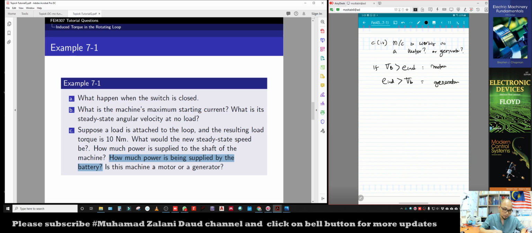So in this particular example, we have found that VB is larger than E_in, which means that it is working as a motor. And then the direction of motion of the shaft is counterclockwise.